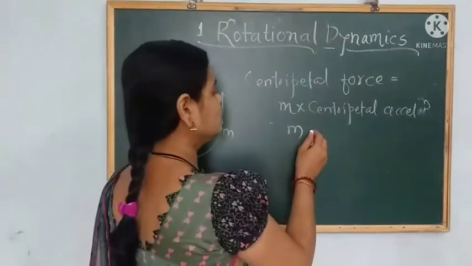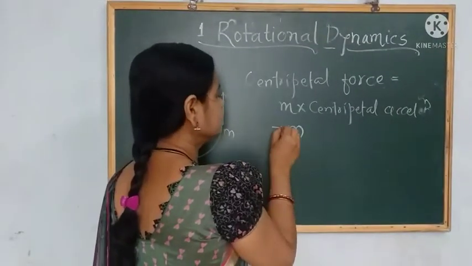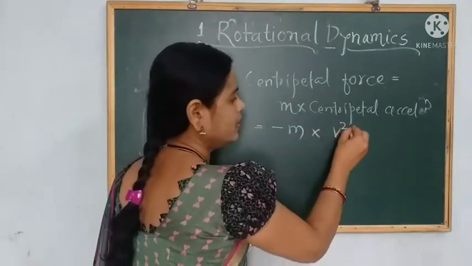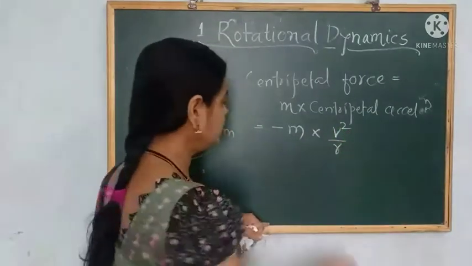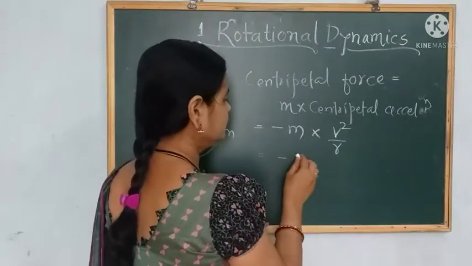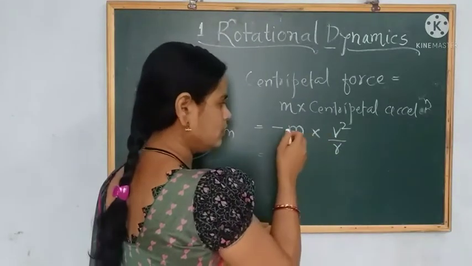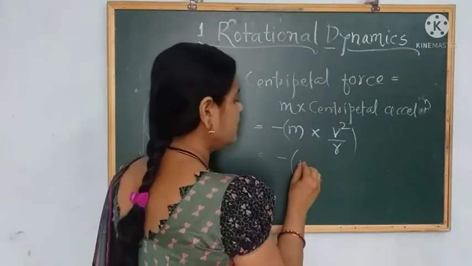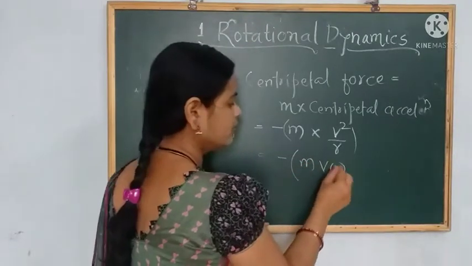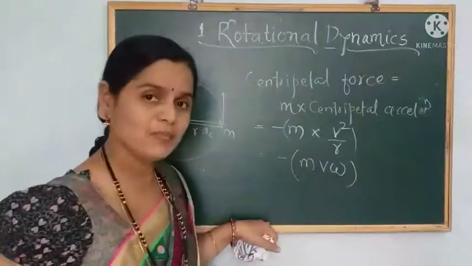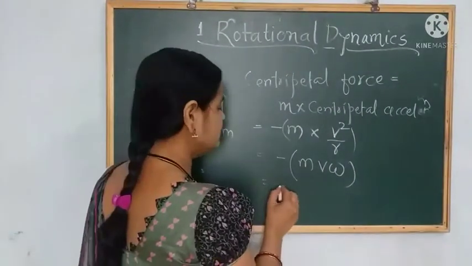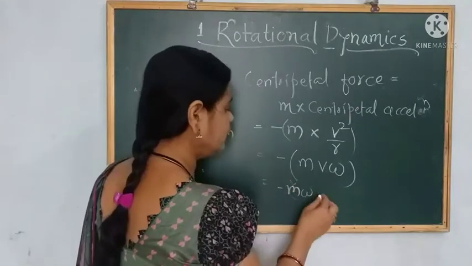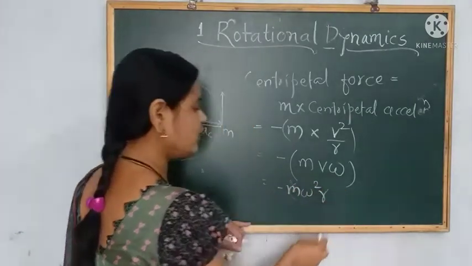It is equal to minus v square by r, so the force is minus m v square by r, or minus m omega square r, since the centripetal acceleration is minus omega square r.